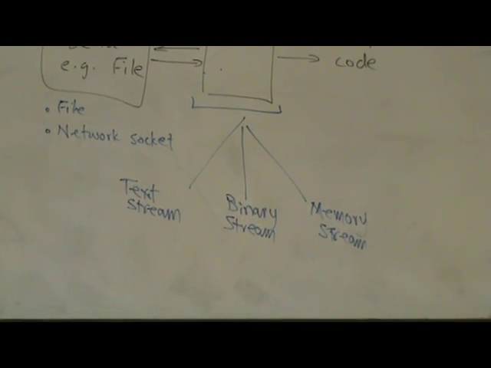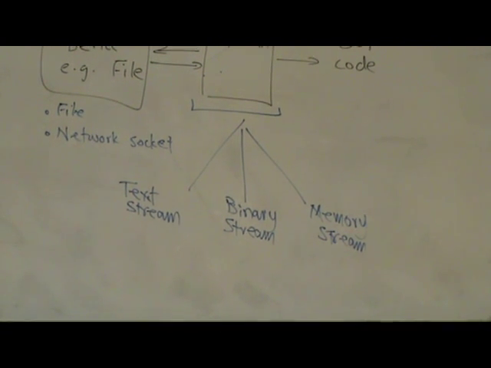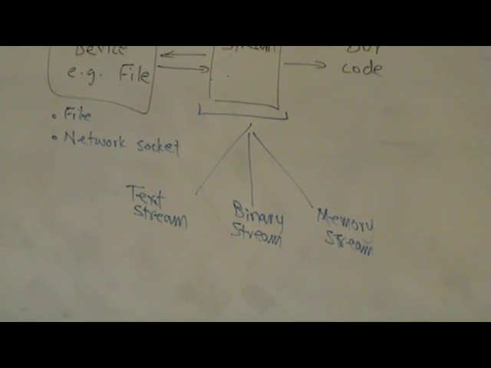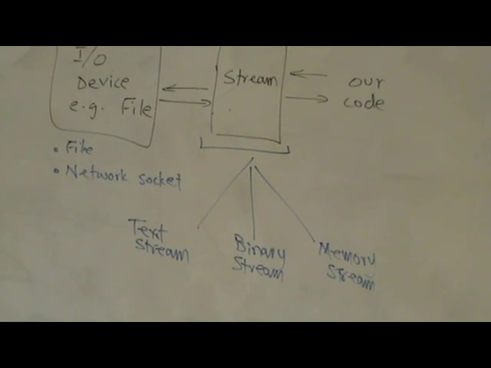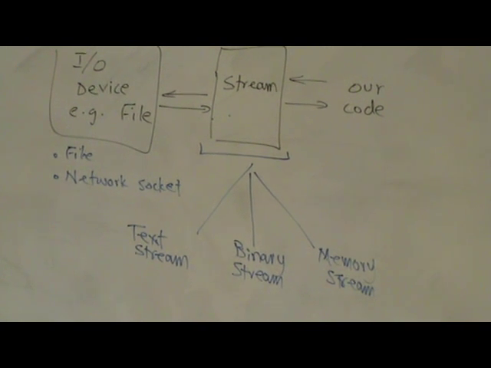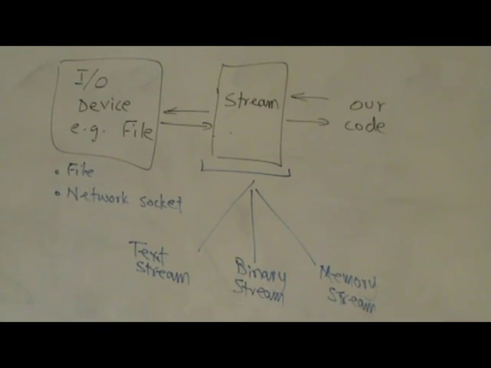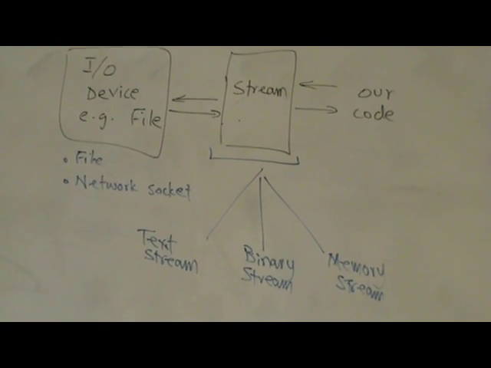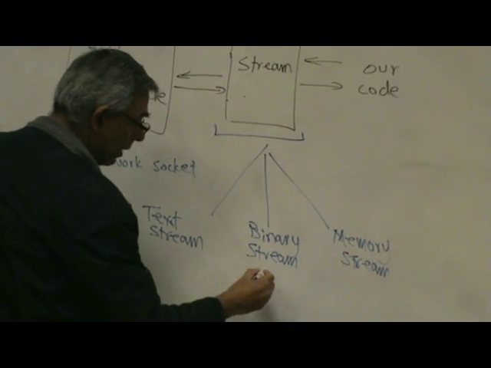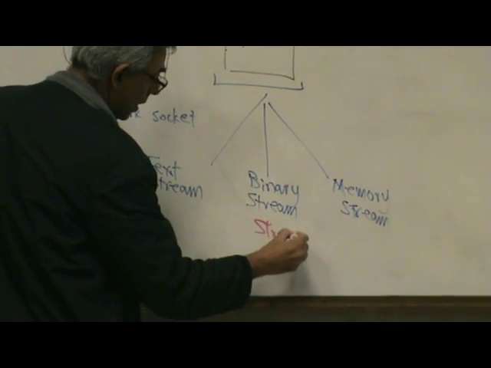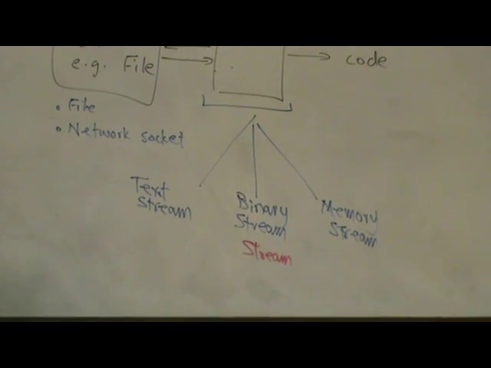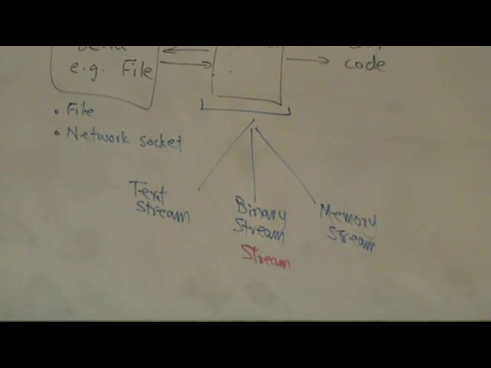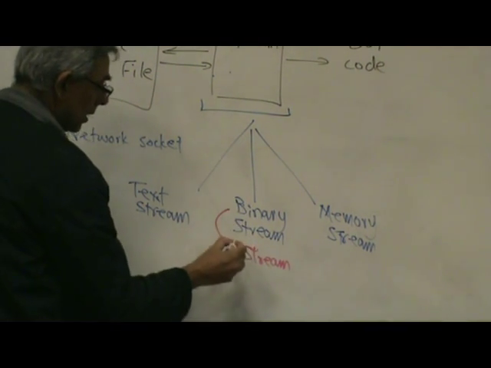Now, an easy way to remember: if you go read a book or go to the internet, you will see that both in Java and in C#, there are dozens of different ways to read and write to a file. So that it's less confusing, I'll give you my guidelines on how to proceed. Simply remember, if you use the plain stream class without any prefix or postfix, the plain stream class is a binary stream class.